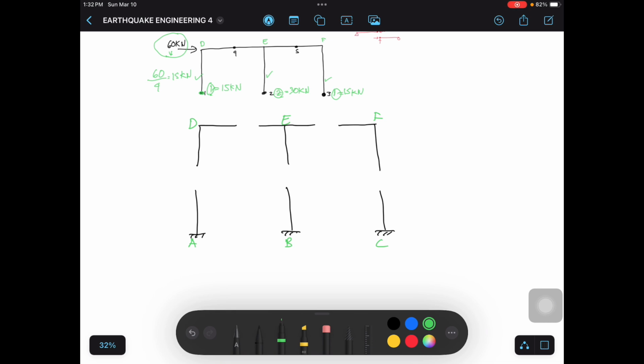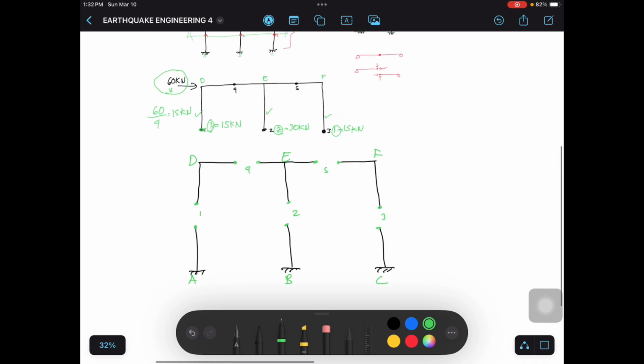And do not forget yung joints. So, this is joint 1, 2, 3, 4, 5. Huwag kakalimutan ilagay yung load, 60 kN.